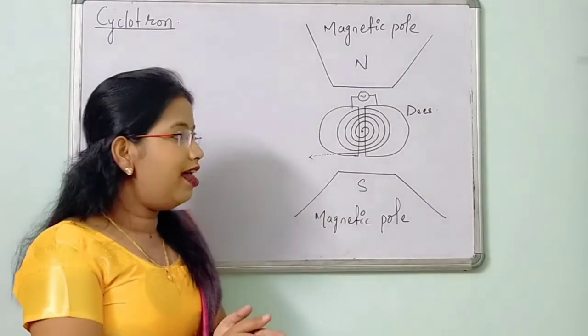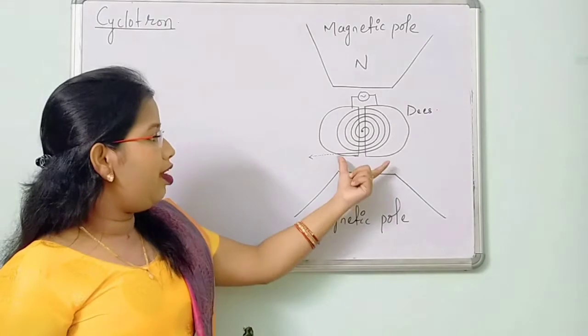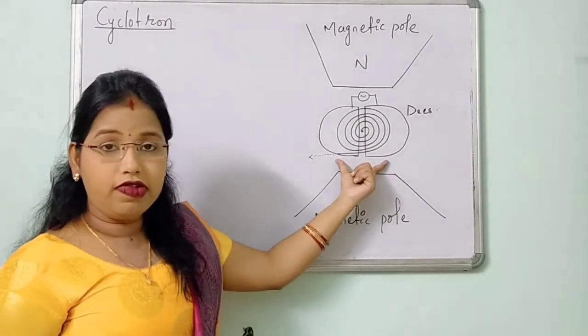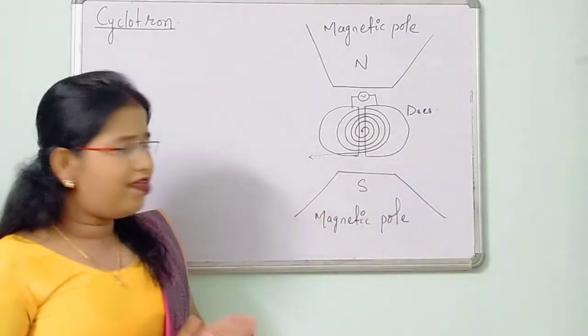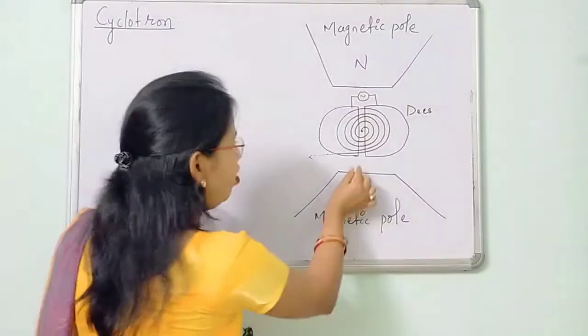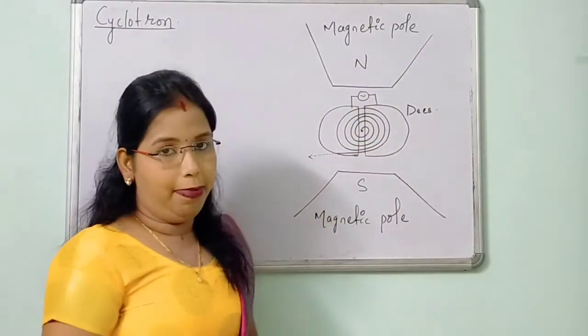A cyclotron basically consists of two D-shaped metal boxes, known as Ds, arranged in such a way that there is a very small gap between them.